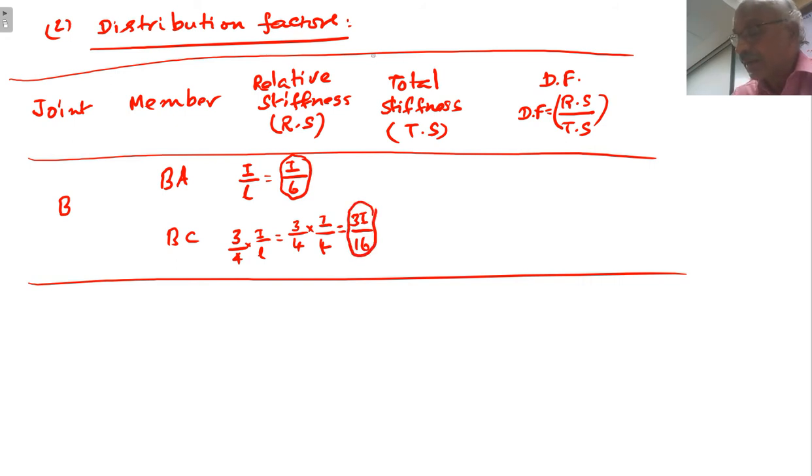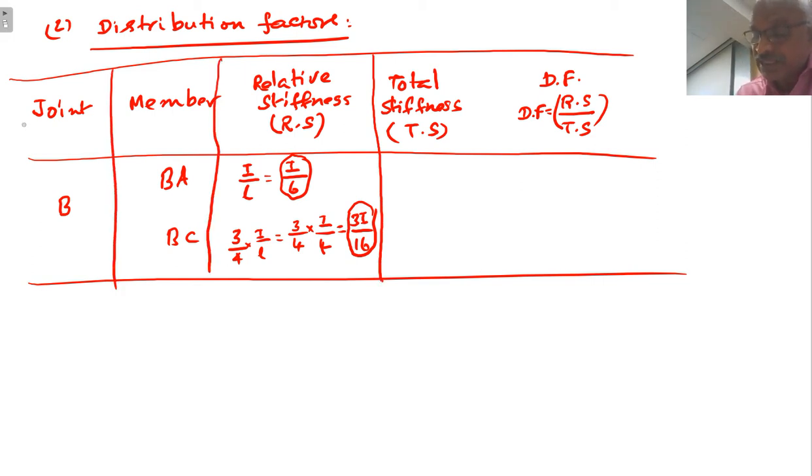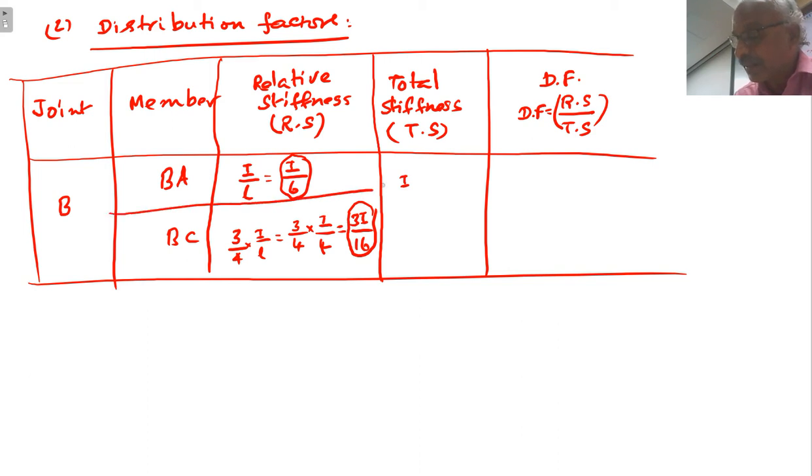Right. Now coming to the total stiffness. So this is another column, and you have to do it systematically. Total stiffness is I by 6 plus 3I by 16. Let us take the LCM as 48.